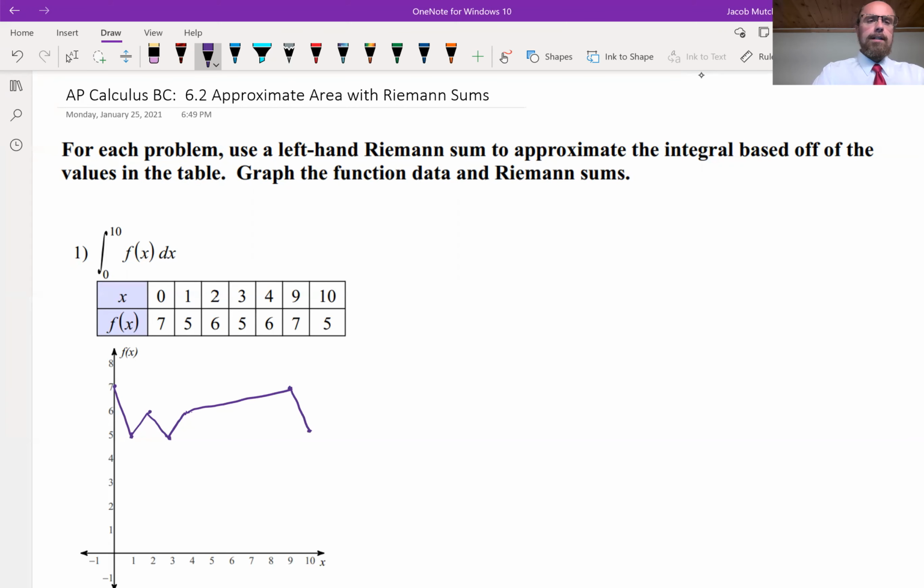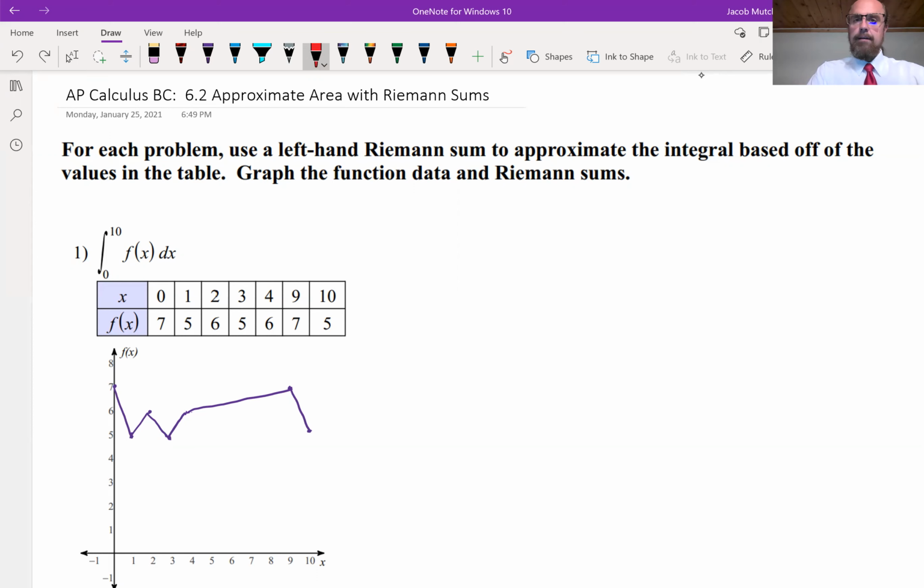That's my f of x here in this integral notation. Now what we're trying to do is approximate this integral, which again we can think of as the area under this f of x curve, so between it and the x-axis, using a left-hand Riemann sum. So let's draw our rectangles.